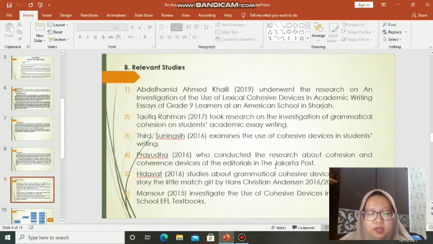This study is needed to give a contribution to the theory of cohesive devices in terms of grammatical cohesion and lexical cohesion, and its contribution to English language teaching and learning in the Indonesian context. So for the further study, it will use both cohesive devices, grammatical and lexical cohesion.